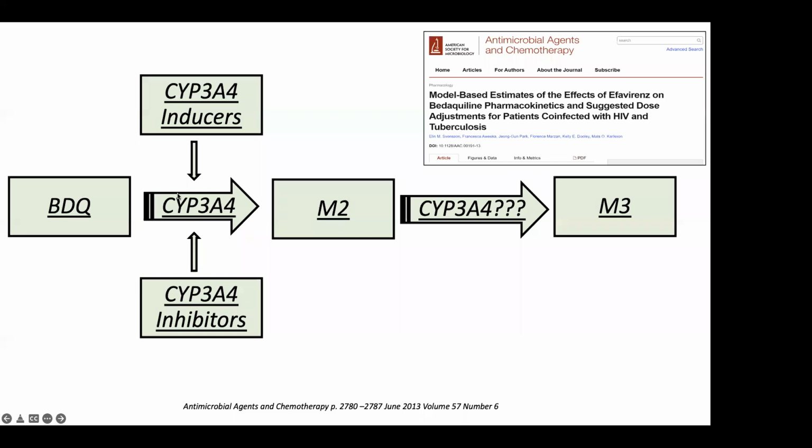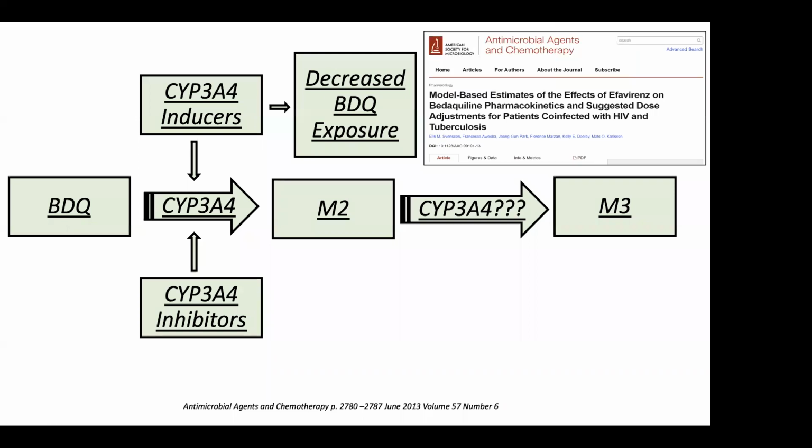Bedaquiline would be metabolized very quickly, so you wouldn't get good treatment outcomes, because you'll get low blood levels. However, if a patient is taking bedaquiline with a drug that is an inhibitor of these enzymes, you are going to get high drug levels of bedaquiline with exaggerated side effects and toxicity. This is quite important for us to know.